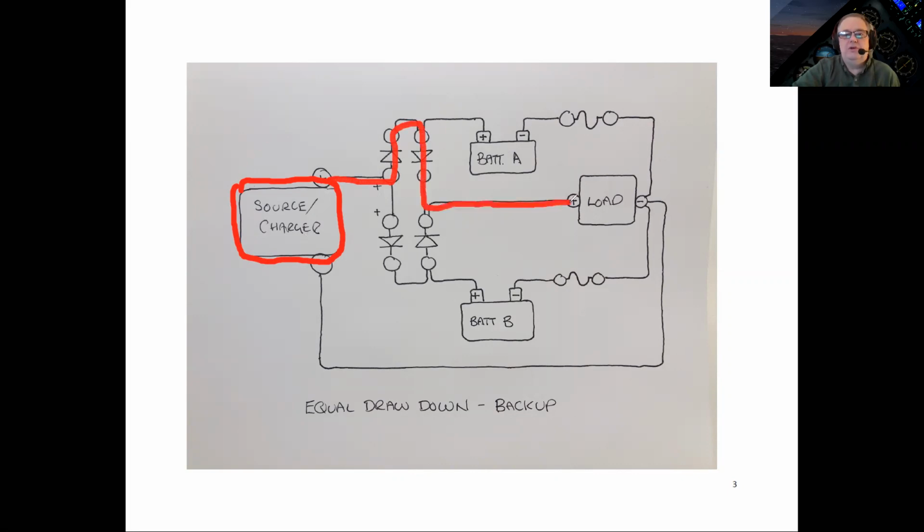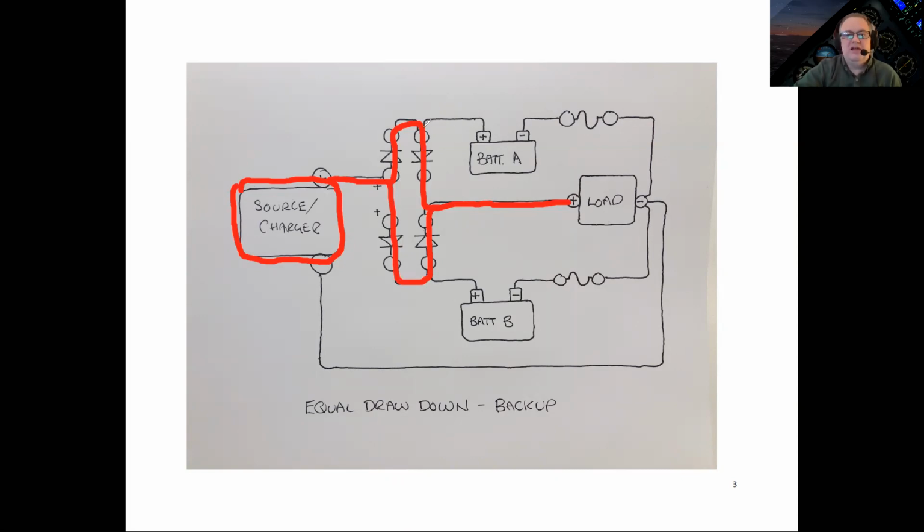and to the load. And at the exact same time, so in parallel, it supplies through this diode, and down the same line to the load. So the source is literally passing a current through two sets of diodes to the load.